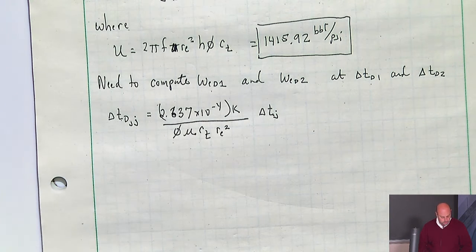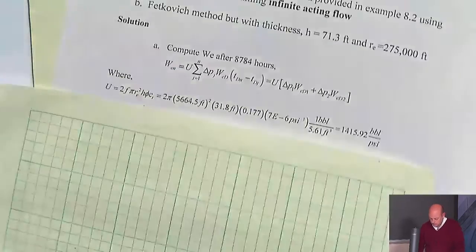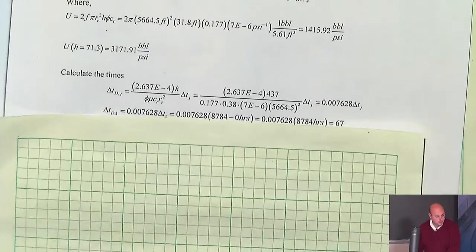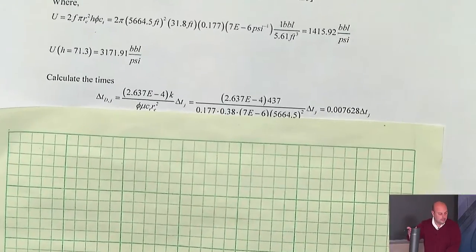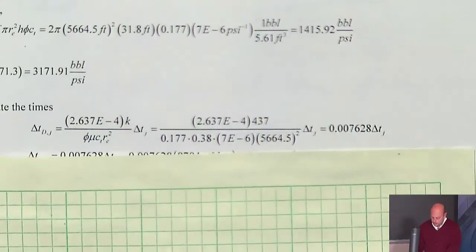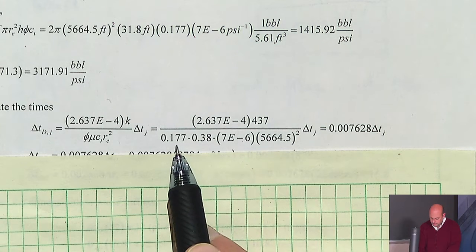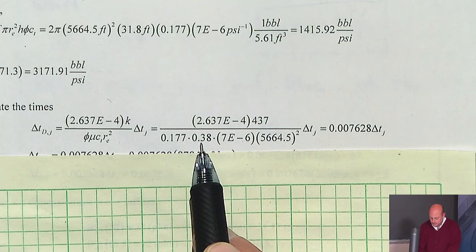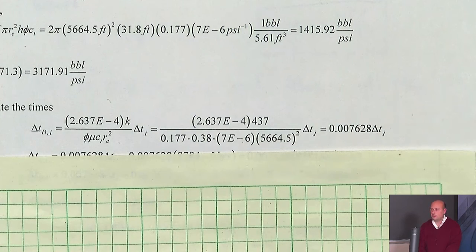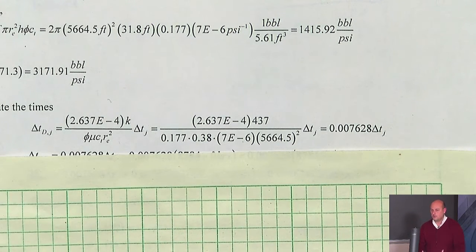So I'm just going to show you, I don't want to do too much busy work here, so I'll show you what I did. So we had our conversion constant, K was 437 millidarcies, porosity is 0.177, the viscosity is 0.38 centipoise. Be careful there. We want to use the water viscosity because this is a water influx model.